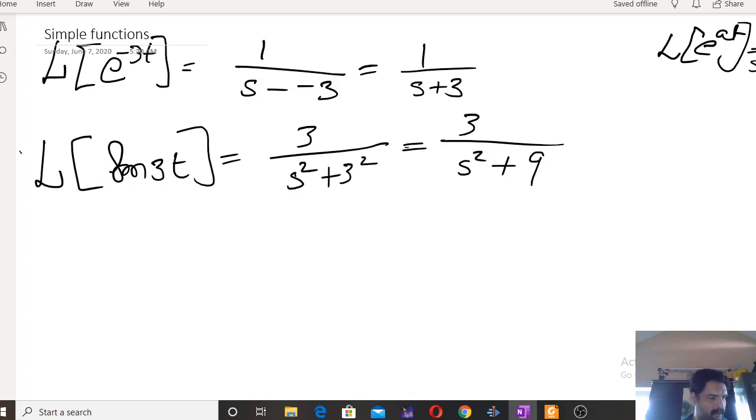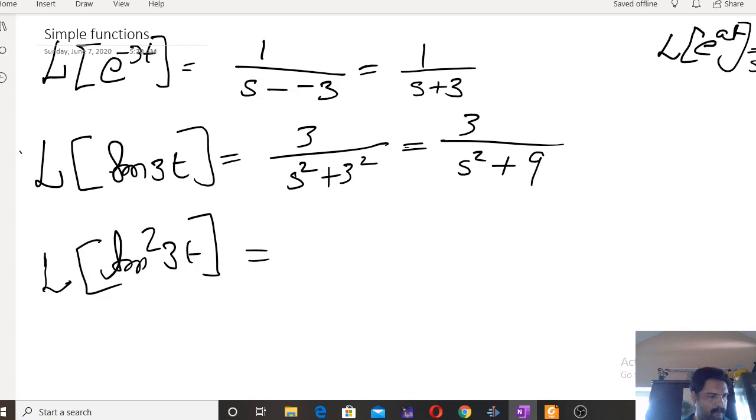Now let's consider another function. Say you are looking for the Laplace transform of something like sin square 3t.